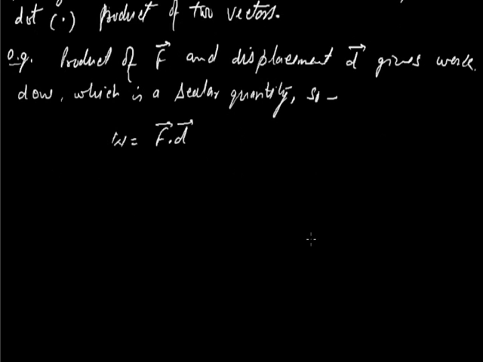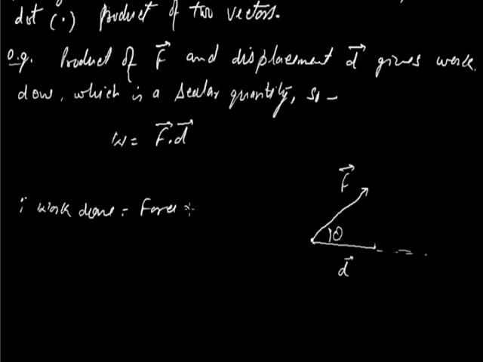Now suppose an object is placed at this point, a force F acts on this object, and the displacement D is at an angle of theta. We find the work done. Work done is force into displacement in the direction of force.